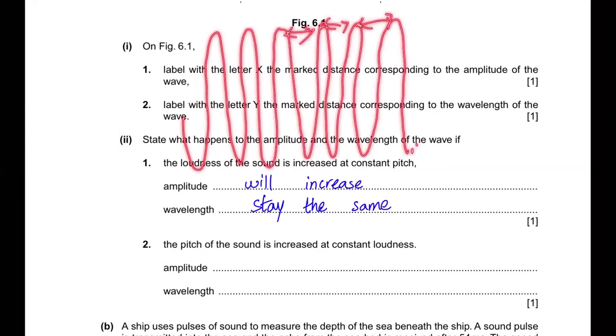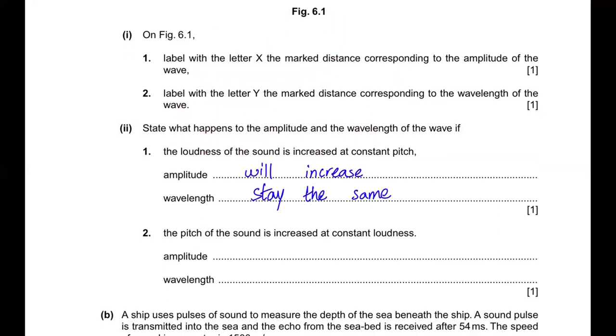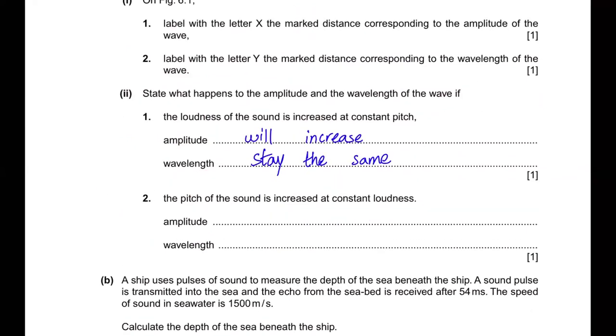Now, if the pitch of the sound is increased at constant loudness, the completely opposite thing will happen. The amplitude will remain the same, but the wavelength will decrease. All right, I understand.